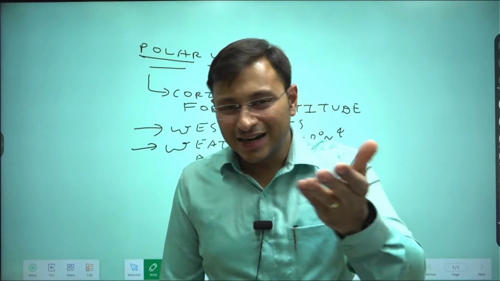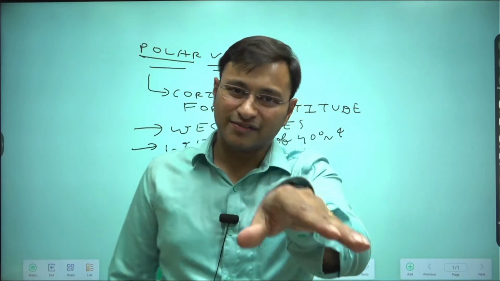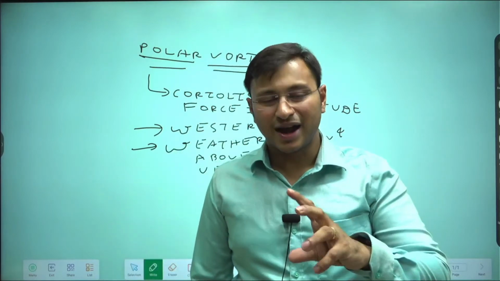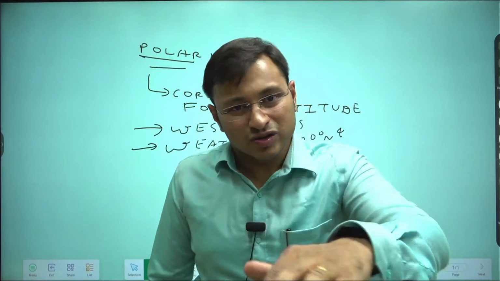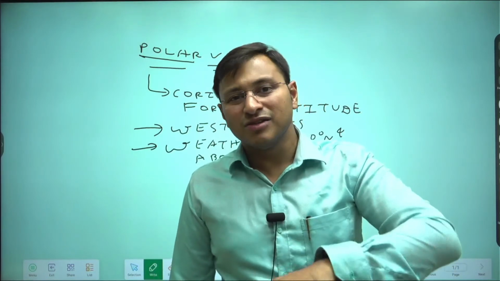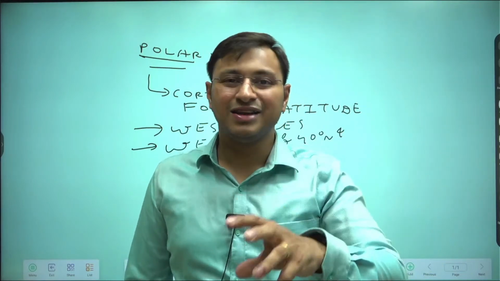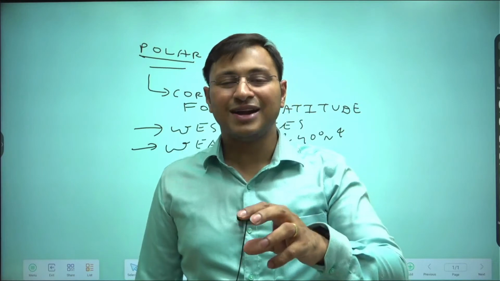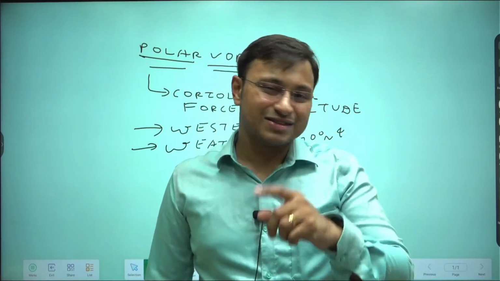The bodies tend to deflect right in the northern hemisphere and left in the southern hemisphere, and hence, because of this apparent deflection in the horizontal movement, the air, instead of rising from the equator and sinking at the poles, rather sinks at the subtropical latitudes and comes back towards the equator, completing the first cell, that is the Hadley's cell.